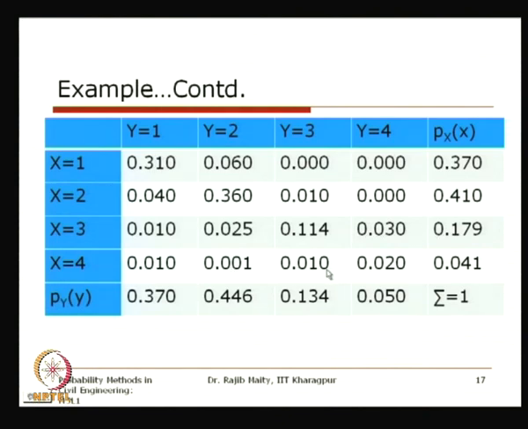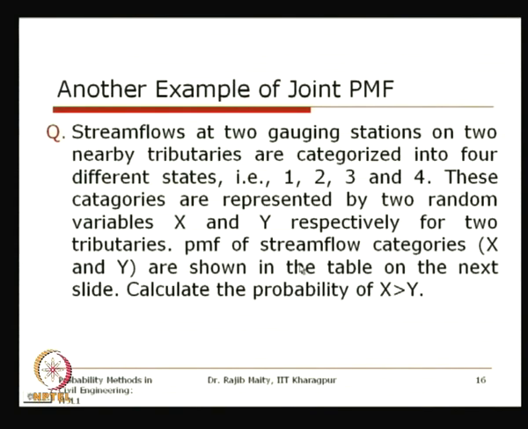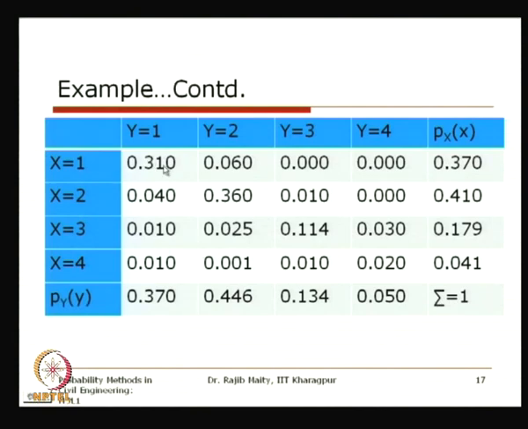We are not supposed to take x equals 4 and y equals 4, because the problem asks for x greater than y. If it were x greater than or equal to y, then we would have to take the equal cases as well, like x equals 1, y equals 1 and x equals 2, y equals 2. We will not take those, because we are asked only for x greater than y.